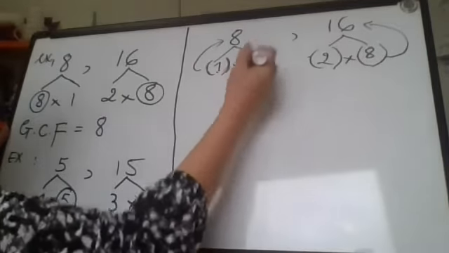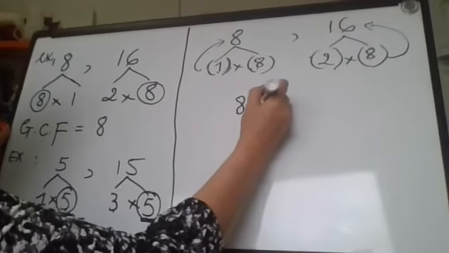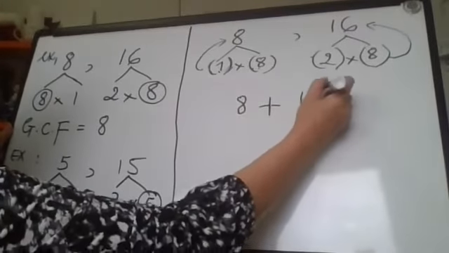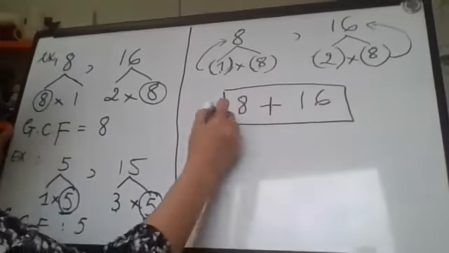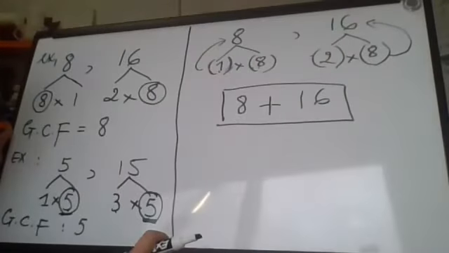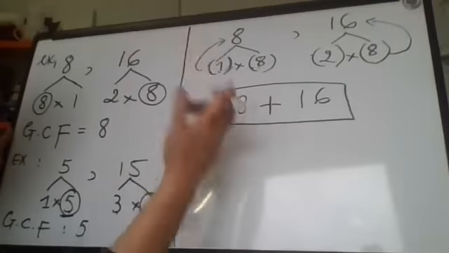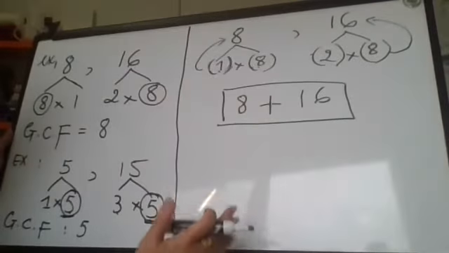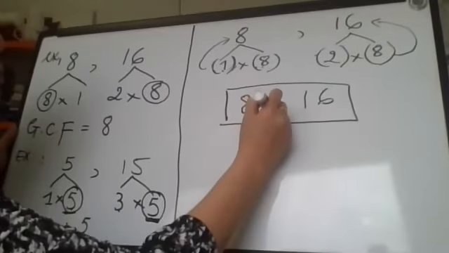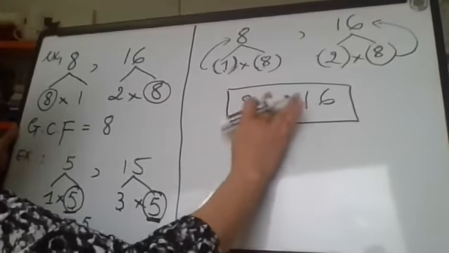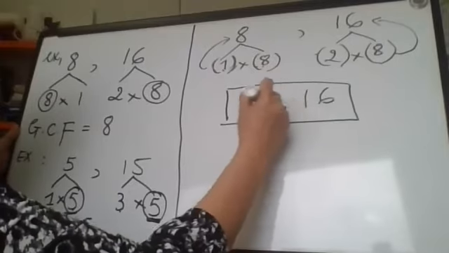So I'm going to use the same example, but now I want to factor the expression 8 plus 16. I'm going to factor the whole thing here. I'm not just factoring the numbers 8 and 16 separately, but I want to factor this expression, 8 plus 16. And obviously, because you have a plus sign between them, this is no longer a product, it's an addition, 8 plus 16.